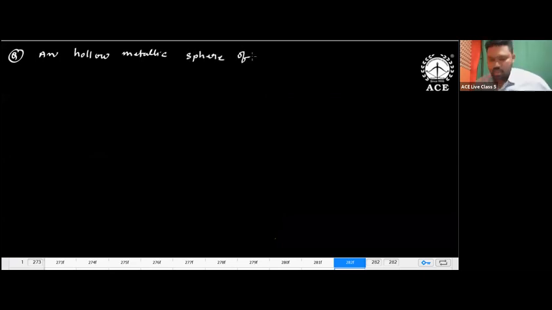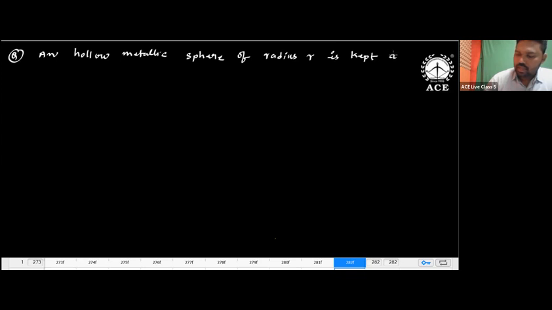An hollow metallic sphere of radius r is kept at a potential of 1 volt.